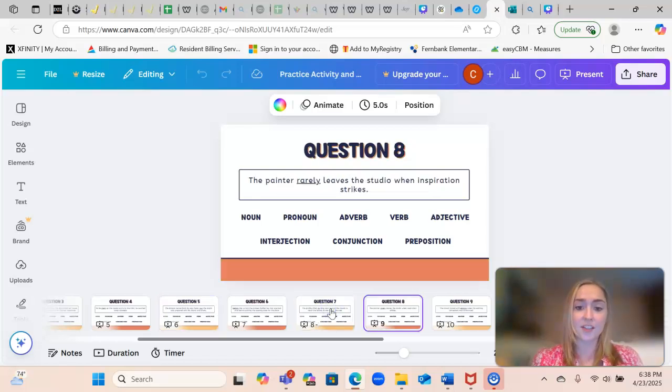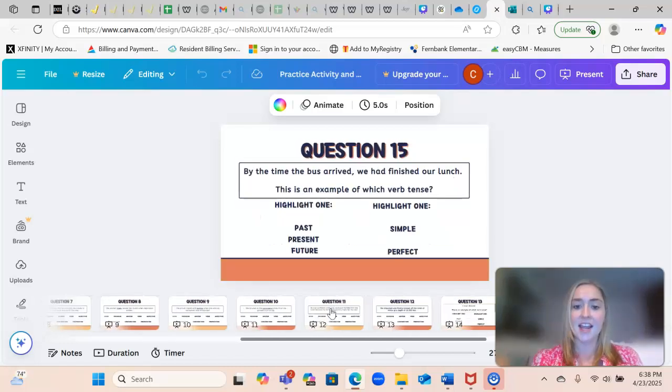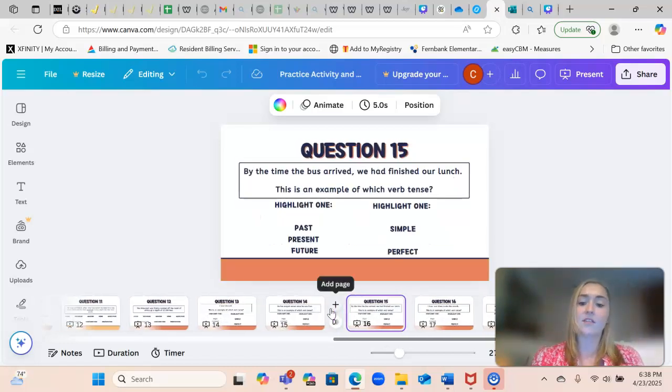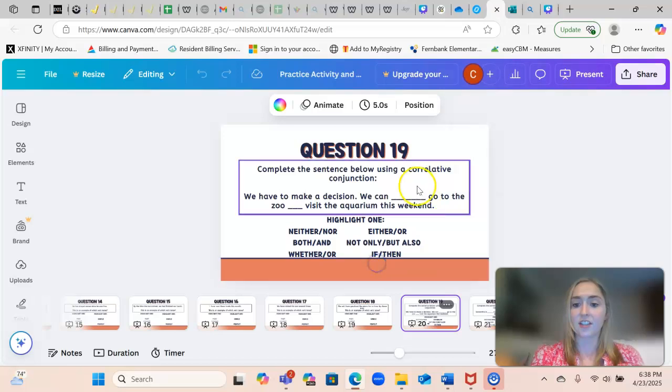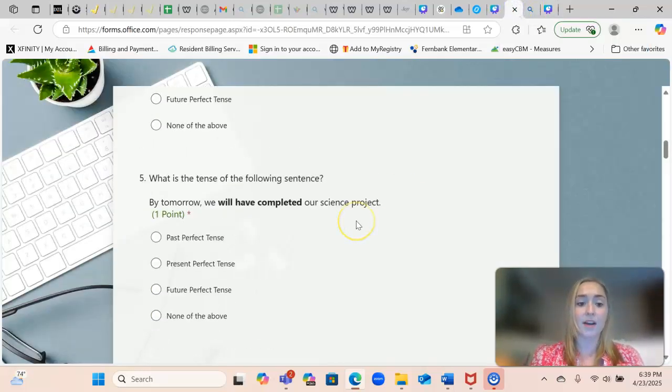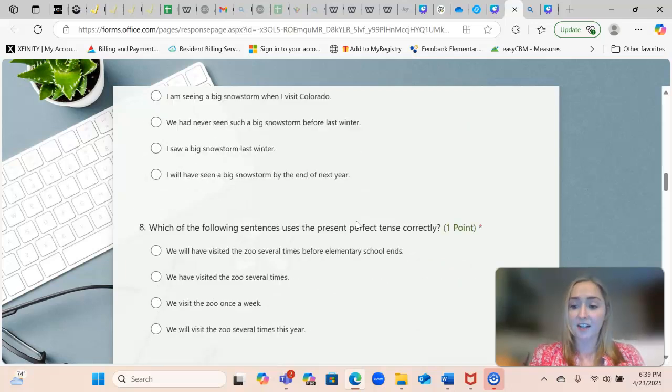Students could practice with the Canva over and over again, identifying parts of speech, and then identifying the verb tense, and then deciding the correlative conjunction that would apply for each sentence. And they could do it as many times as they needed to feel comfortable. Our last digital tool was Microsoft Forms, where they took that quiz.